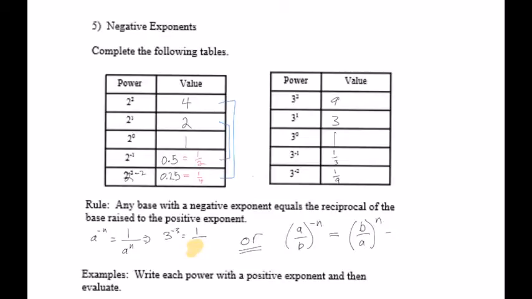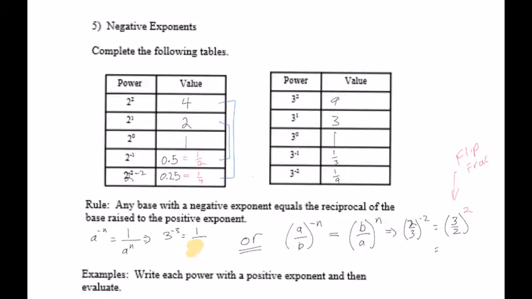So for example, let's say 2/3 raised to the negative 2. What we're going to do is rewrite this as 3/2. So essentially, we flip the fraction. And then the exponent, instead of being -2, becomes +2. Then we're going to follow the rules from last time.